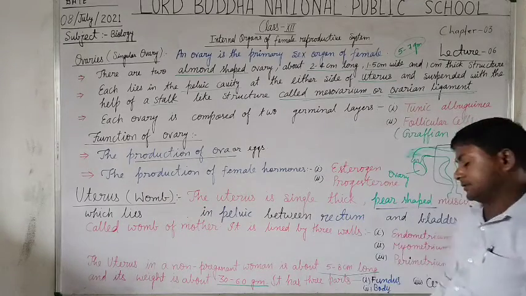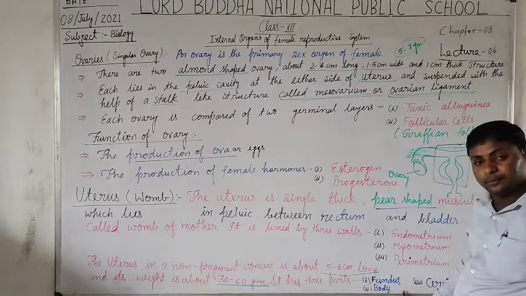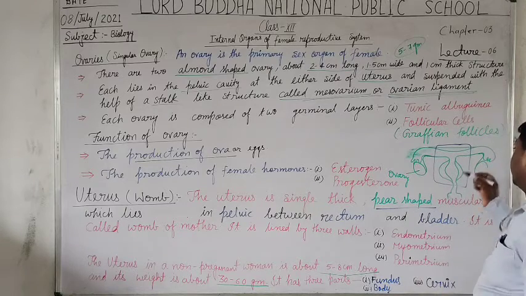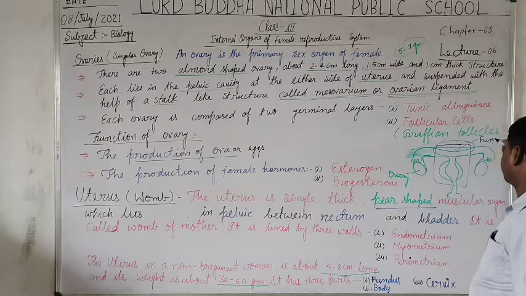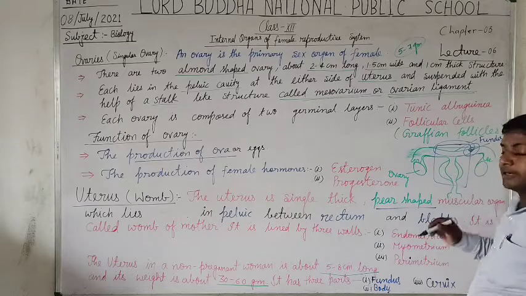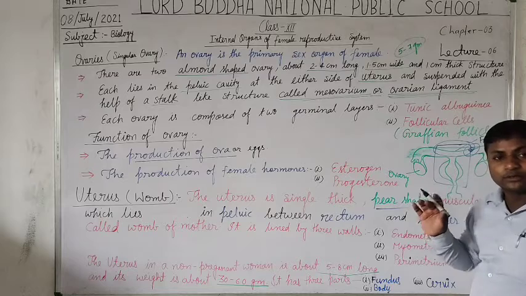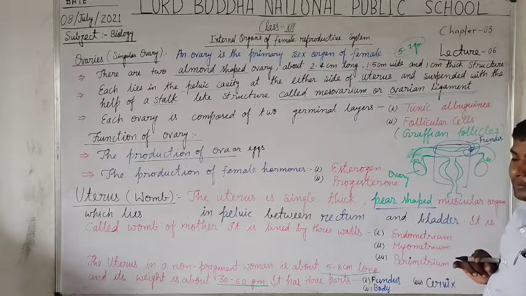It has 3 parts. The fundus, this is the uppermost part, that is called fundus. And students, this is the part of the fundus where the process of fertilization takes place.